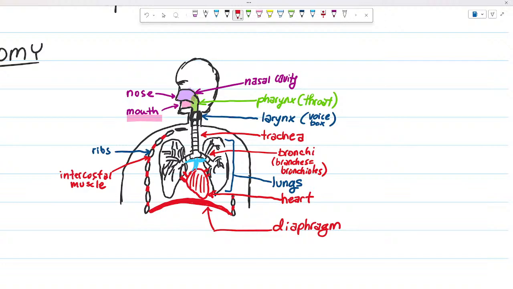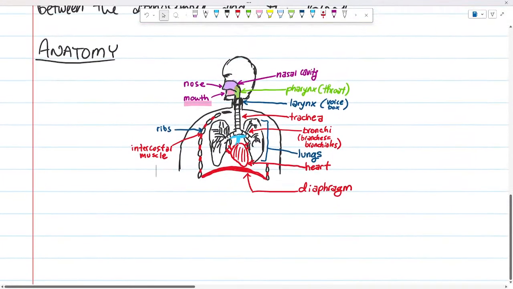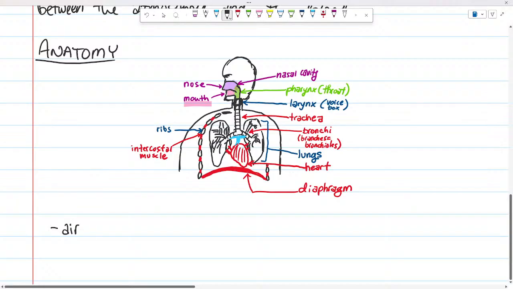Okay. So here's the basic anatomy. There are other parts. Obviously, there's lots of parts, but in its basic anatomy, air enters through the nose or mouth.